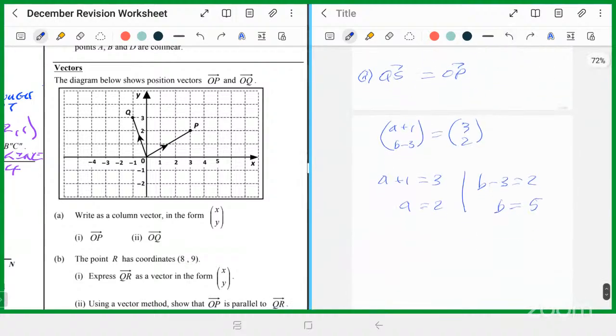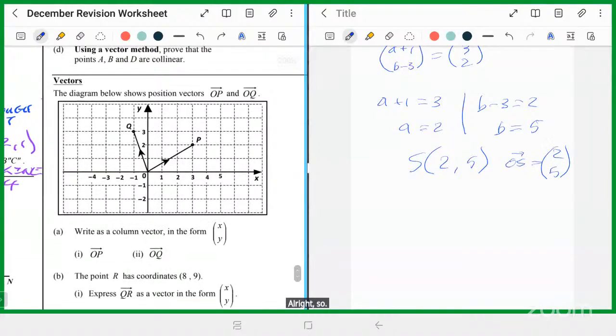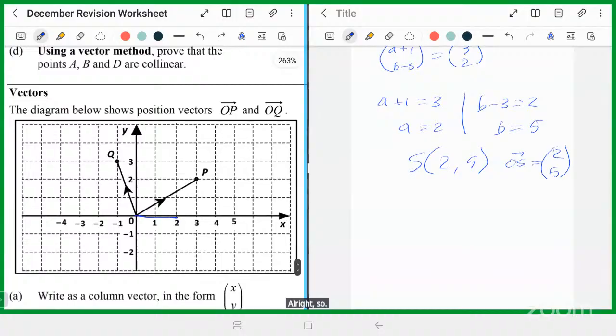So S is the point 2, 5, and so OS is 2, 5. If we put it on the diagram here, 2, 5 is all the way up here. That's S. So the parallelogram will be this.